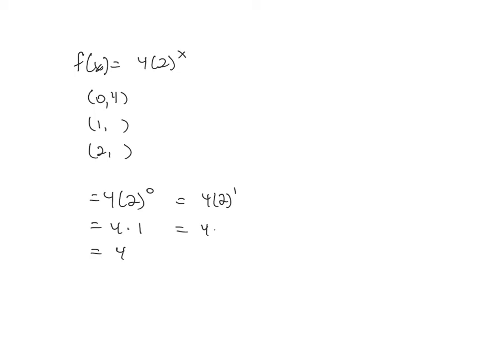So 2 to the first power is 2, and 4 times 2 is 8. So when I plugged in 1, I got 8. And then let's plug in 2. So 2 to the second power is 4, and 4 times 4 is 16.